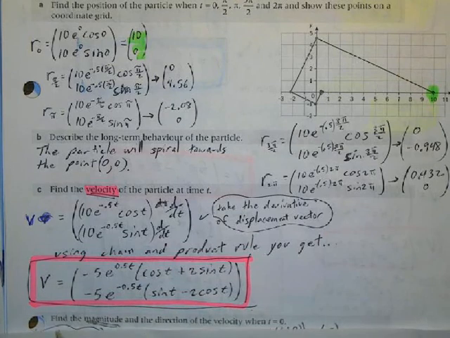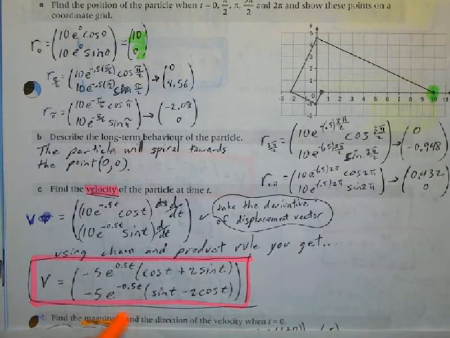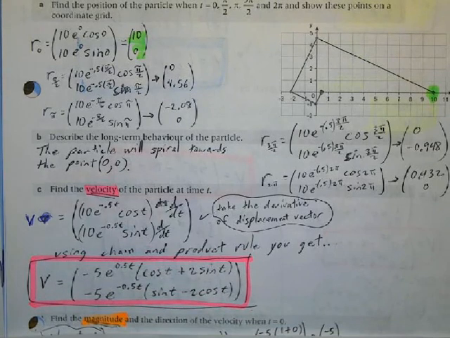Find the magnitude and the direction of the velocity when time is 0. As I said before, for the magnitude we're going to take each of these values here.